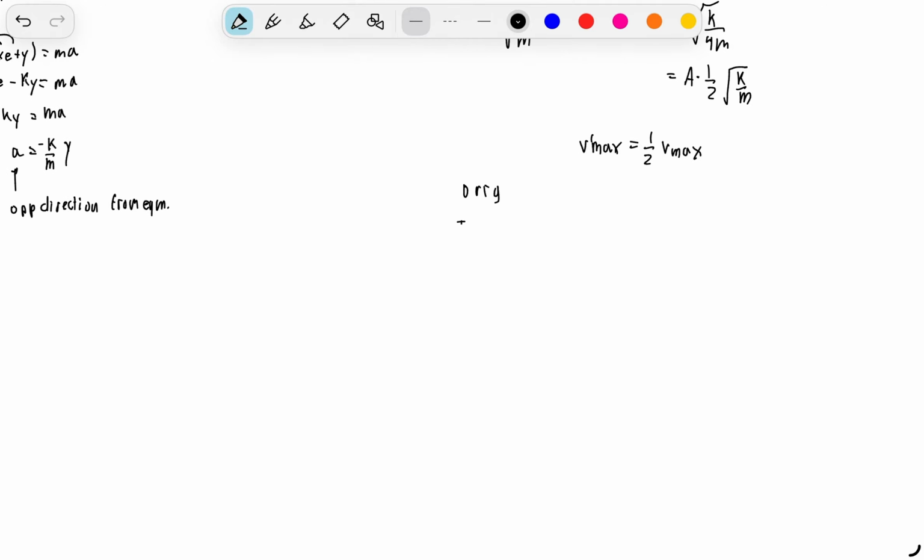For period, we have this. Now we have T prime.